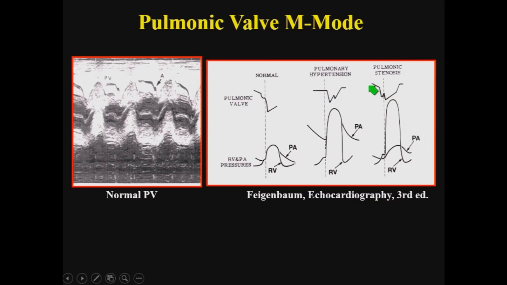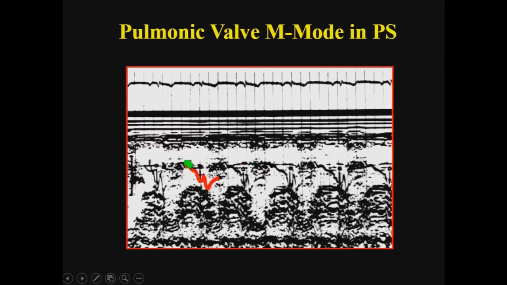As a matter of fact, this is premature opening of the pulmonic valve that you see here, and this is characteristic for patients with significant pulmonic stenosis, a very big opening wave like you see here, at end diastole.